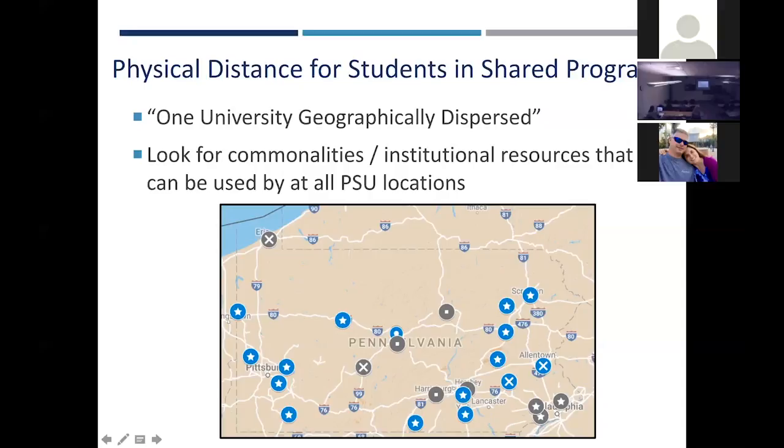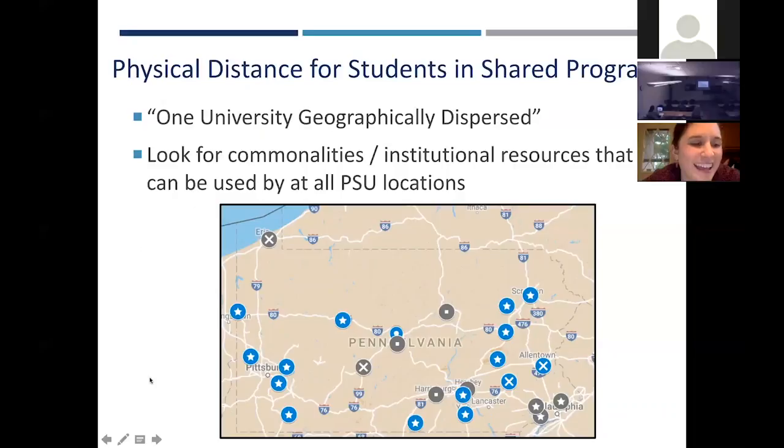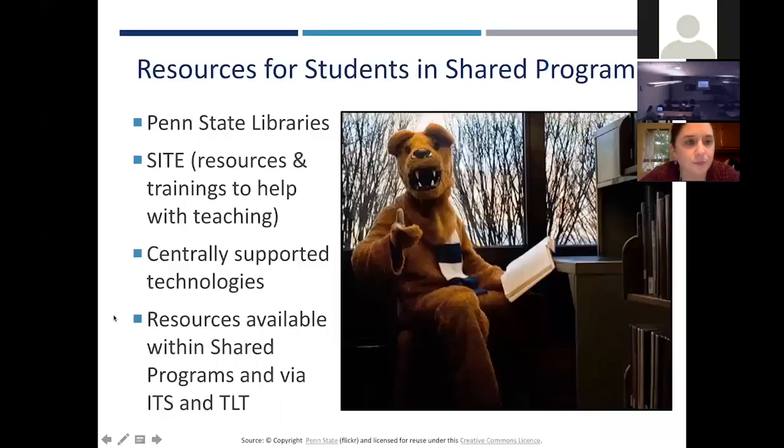As you all know, Penn State is not just at University Park. We have 24 locations throughout the Commonwealth. One thing we've been trying to encourage faculty and shared programs to do is think about the commonalities and the institutional resources that can be used by any Penn State location. Resources available for every campus include the Penn State libraries, and resources and trainings from SITE, the Schreyer Institute for Teaching Excellence.